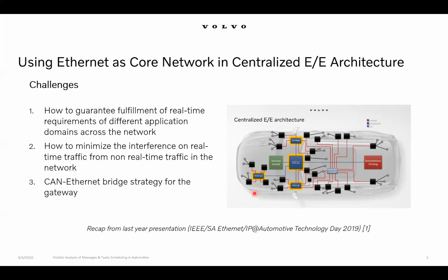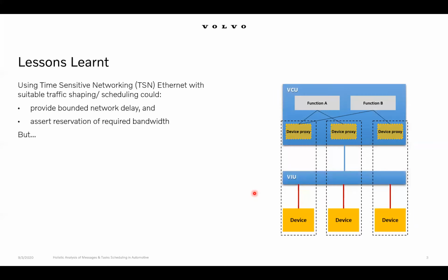Some of you might recall that we presented how we solved it, but we only focused on the network part. So what was the lesson learned from the previous work? We proposed a number of TSN features in the IEEE 802.1 standard.